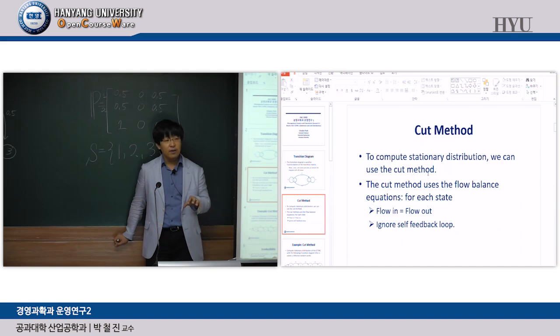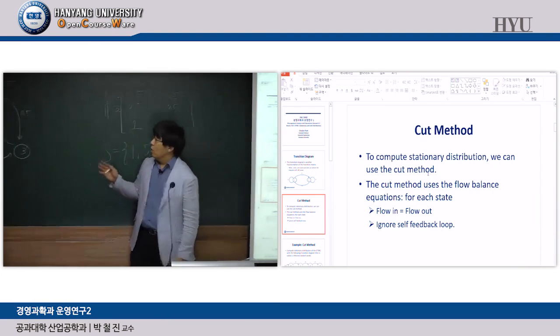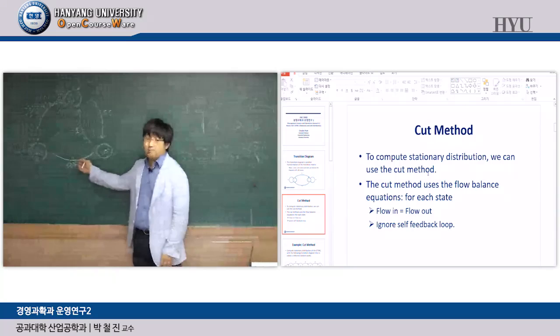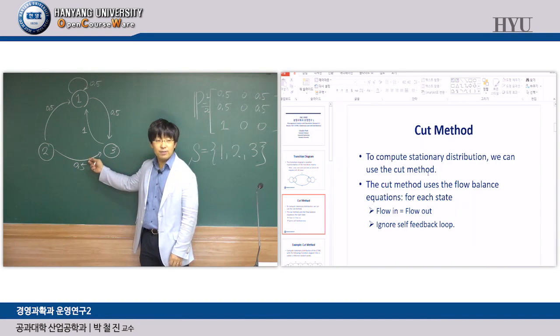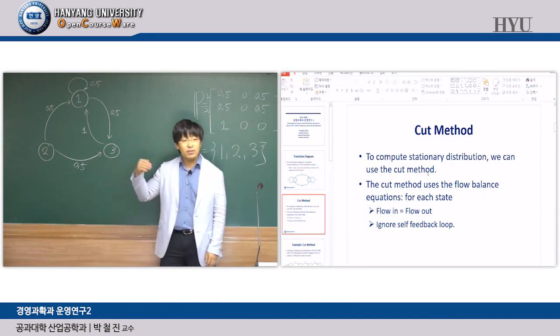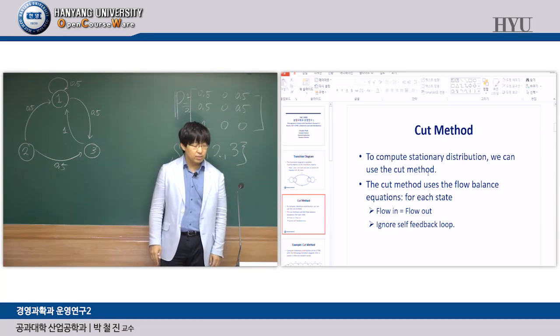If the state space has k different states, then we need to solve k plus 1 linear equations with k unknowns. But when you have such a diagram, we have another way to figure out the stationary distribution.